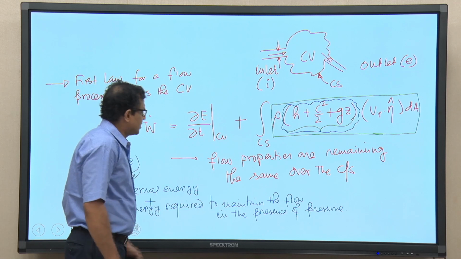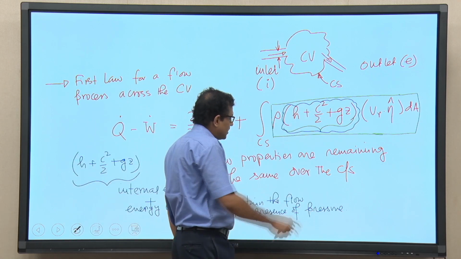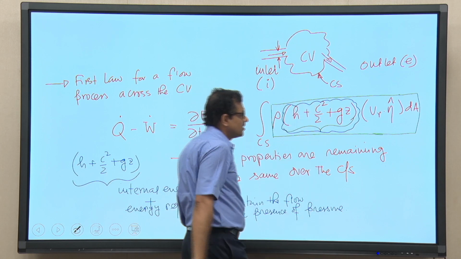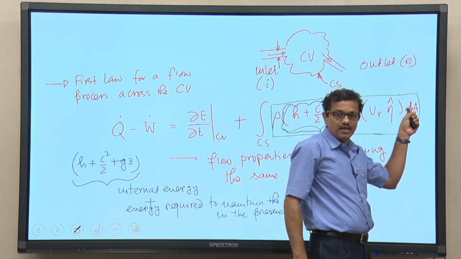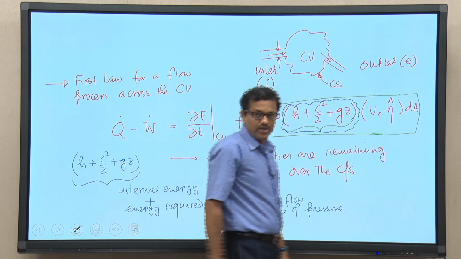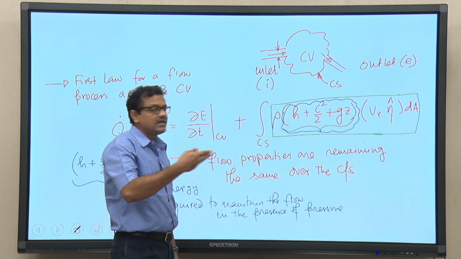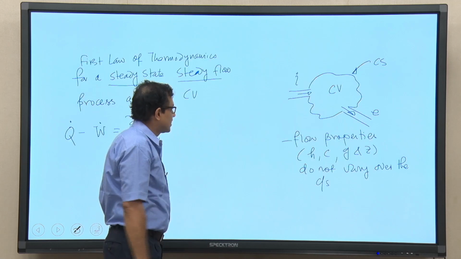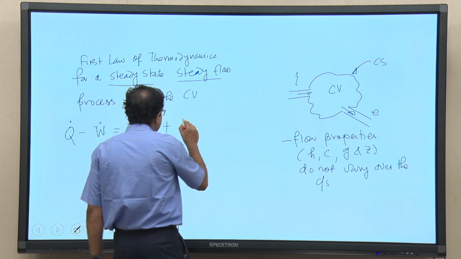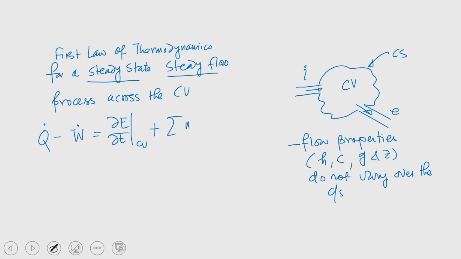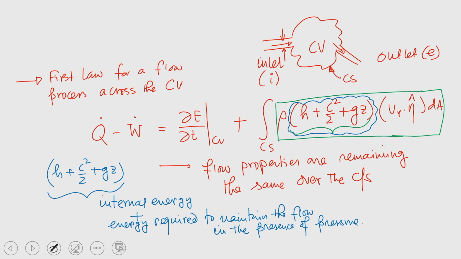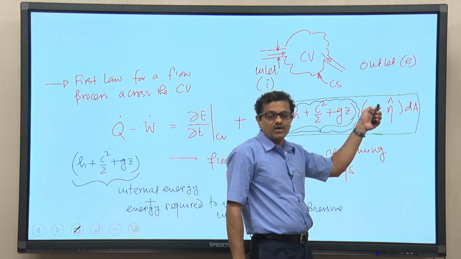So, if these properties are not varying over the cross sectional area A through which flow is entering into the control volume, then we can take it out and simply write m dot, as I told you, and V_r dot n cap, this is positive for the outflow or at the exit, and V_r dot n cap is negative at the inlet, because n is a normal pointing outwards from the control surface.